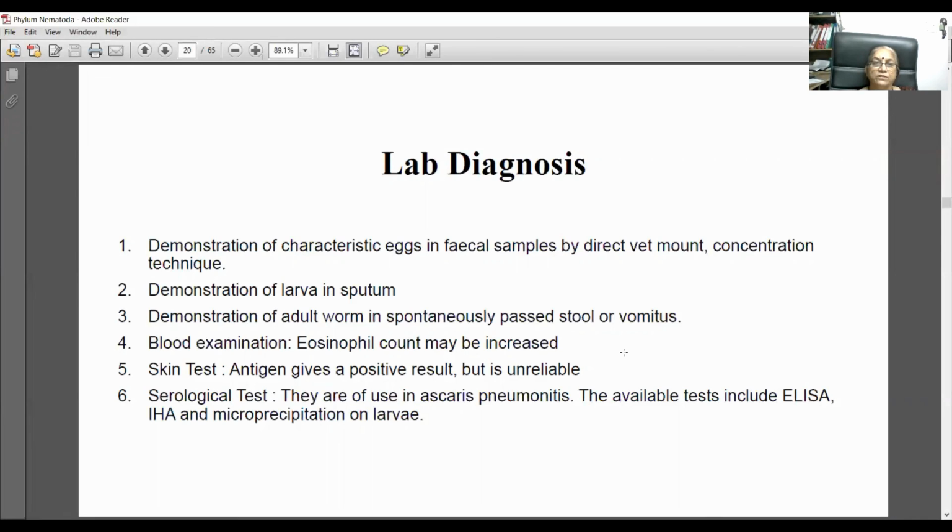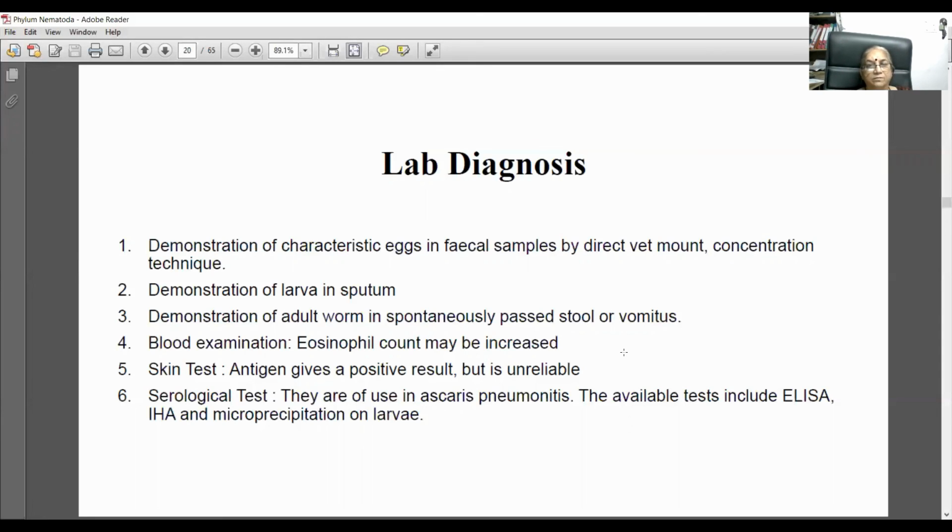Blood examination: because it is an allergic type of reaction, an antigen antibody reaction, the eosinophilic count is going to be raised, and that can be seen in the blood examination. That count can be more than 20 cells per cubic mm, seen in the blood count.